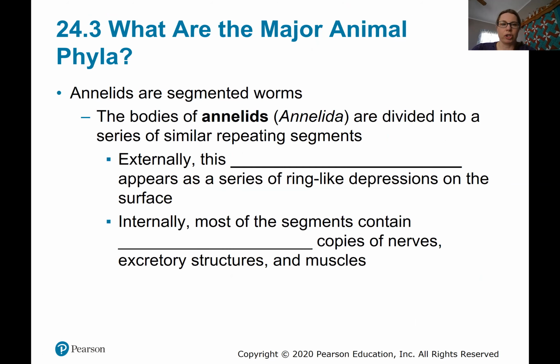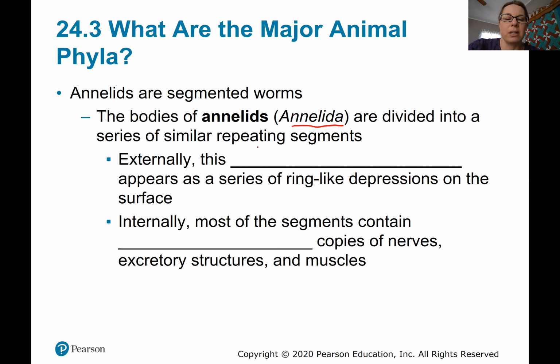Okay, so we are on phylum Annelida, which is going to be the segmented worms. And these would be things like earthworms. If you look at the outside of an earthworm, you notice they have those little rings, okay? Those rings represent different segments of the worm.